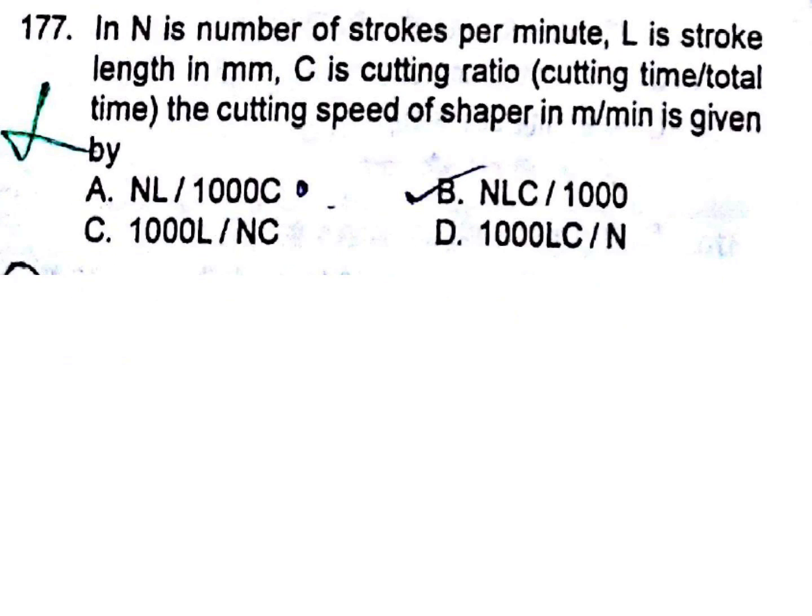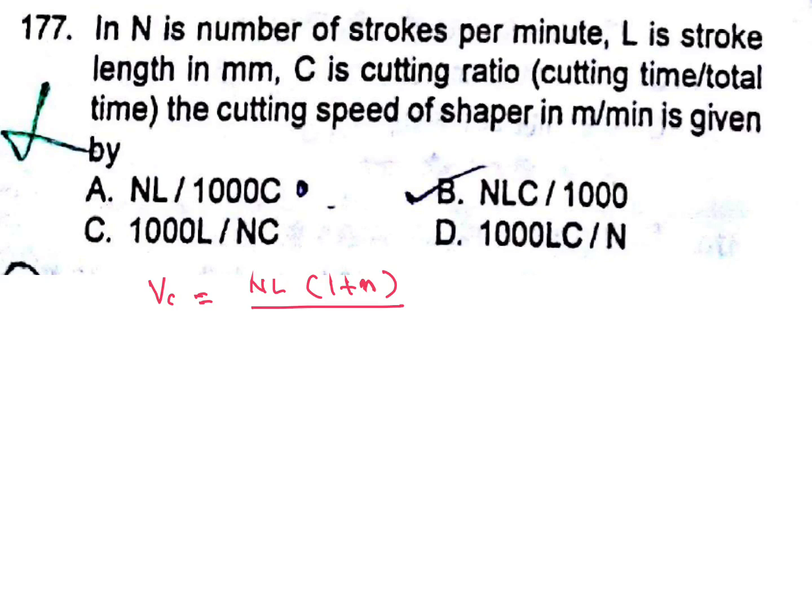If n is the number of strokes per minute, L is stroke length in mm, C is cutting ratio. Cutting ratio is cutting time divided by total time. The cutting speed of shaper in meter per minute is given by how much? Cutting speed Vc, we have to calculate, NL into (1 plus small n) divided by 1000.